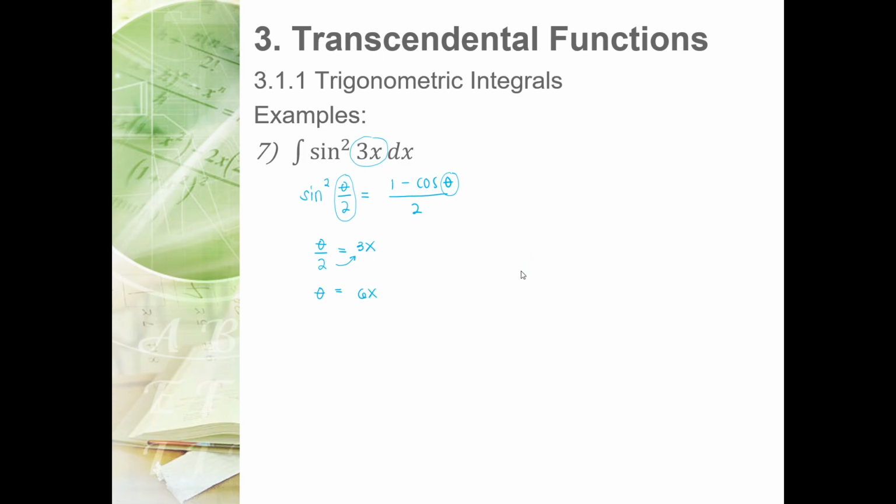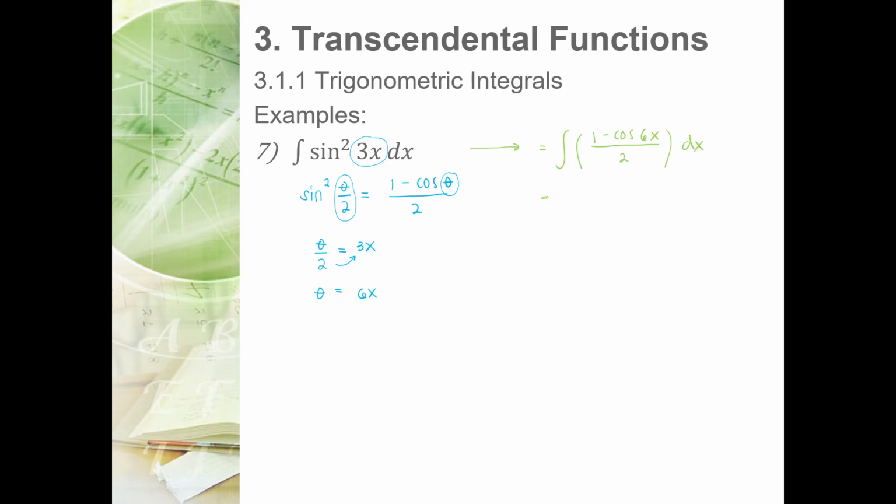Then we can now write the formula. So the integral of 1 minus cosine 6x all over 2 dx.